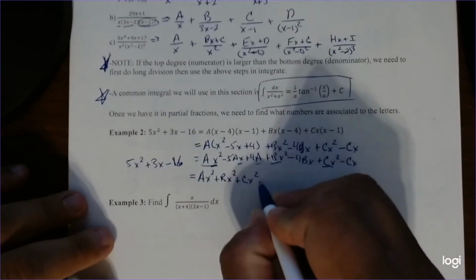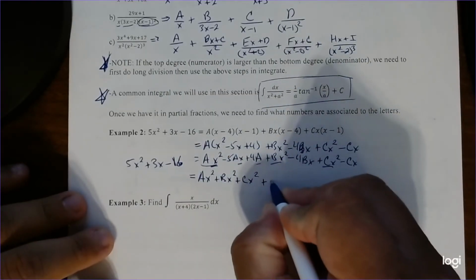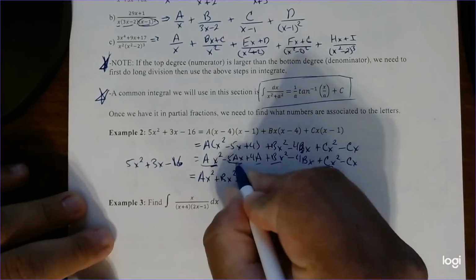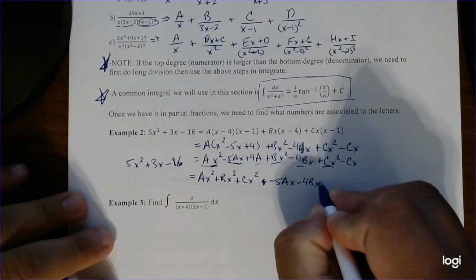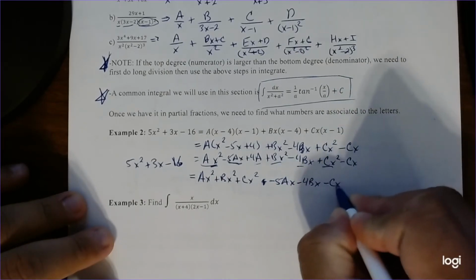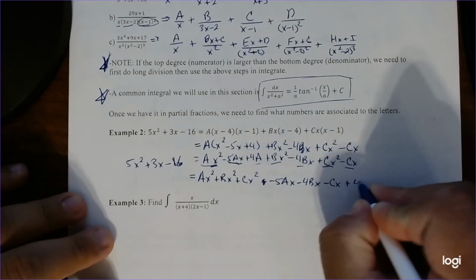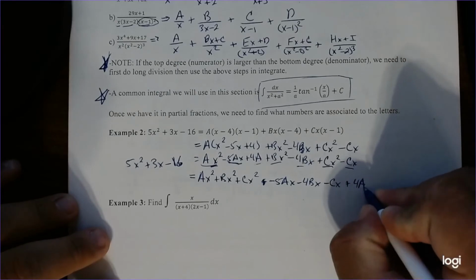Mix all the x's together: negative 5ax, negative 4bx, and then minus cx. All I'm doing is arranging them, and then finally we just have a single number, 4a, for no x's.